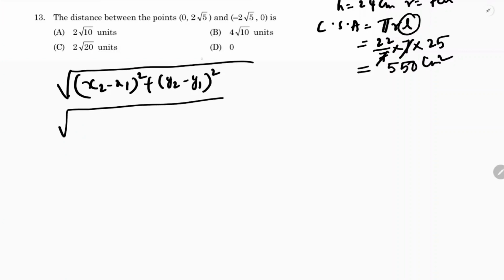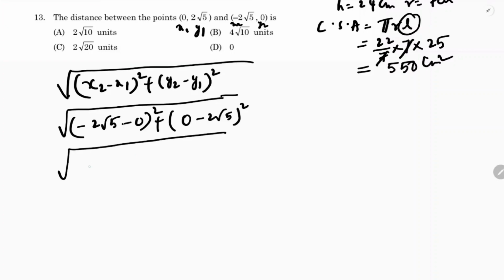So here x1 y1, x2 y2, x2 minus 2 root 5 whole square, minus 2 root 5 minus 0 whole square, 0 minus 2 root 5 whole square. So here minus 2 root 5 whole square, and 0 minus 2 root 5 is minus 2 root 5 whole square.